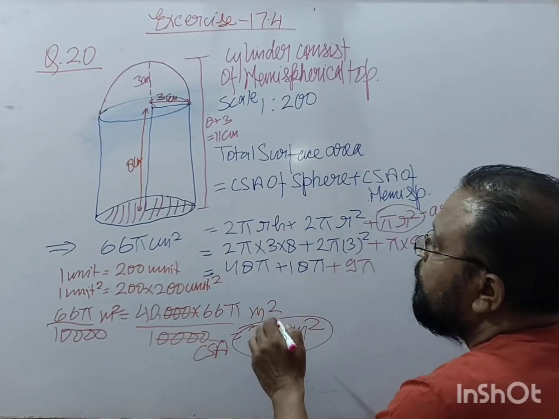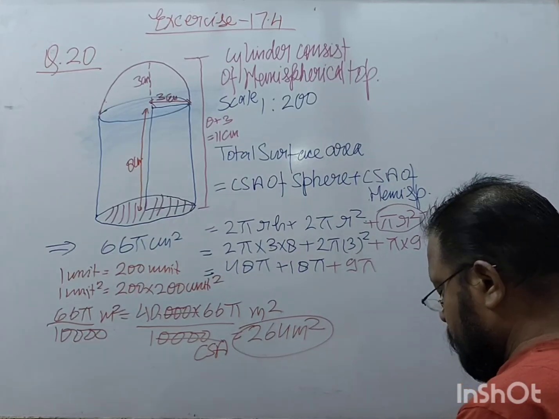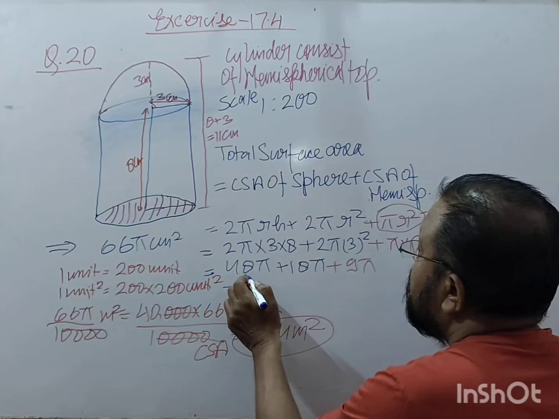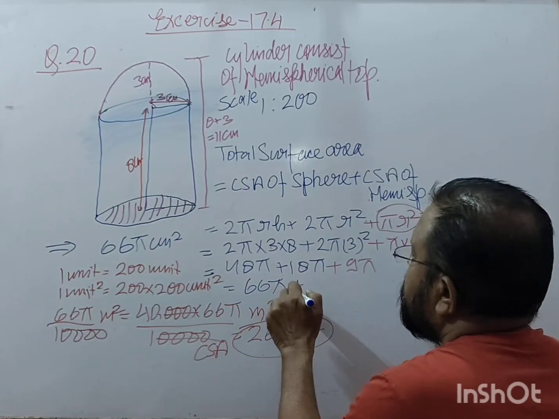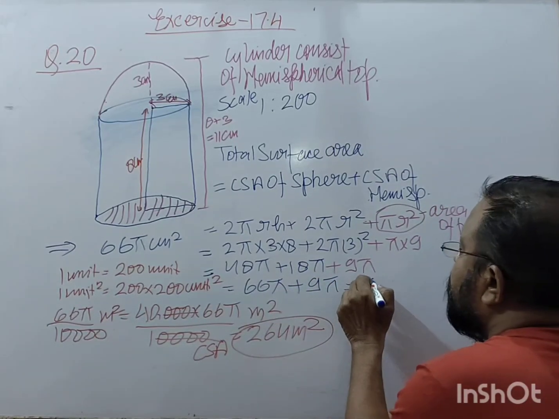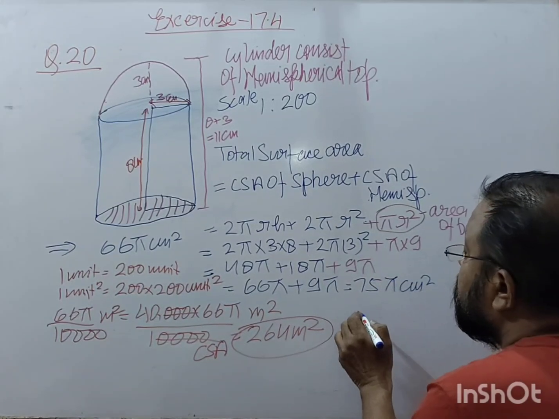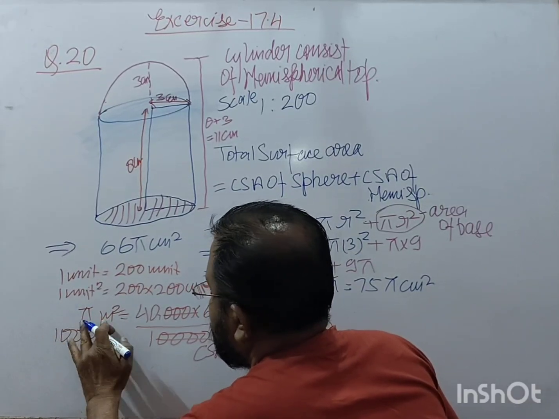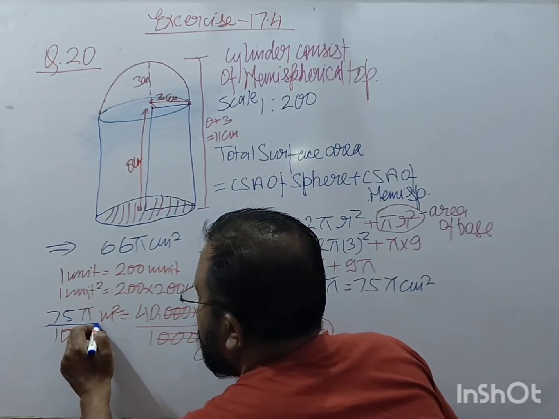When you add this, how much do you get? 66 pi plus 9 pi, 75 pi centimeter square, or we can write 75 pi meter square.